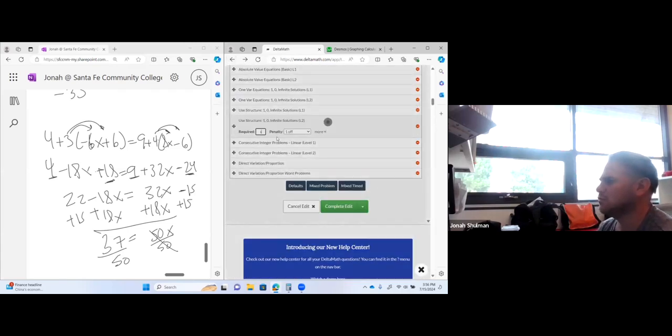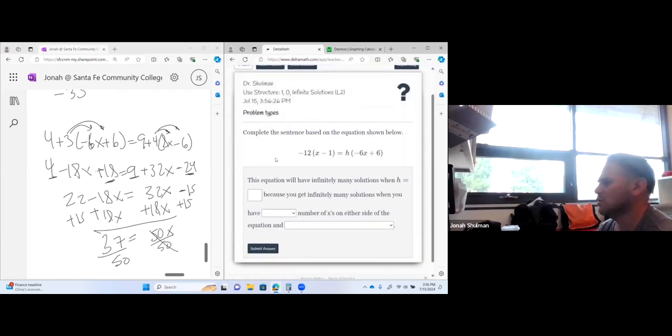All right, let's do this, but one step harder. This equation will have infinitely many solutions when h equals, well, this is 6, right? So x and minus 1, 6 and minus 6. So this is going to be 6 more. So this has to be 2. And this is going to be a negative, yeah, just 2.